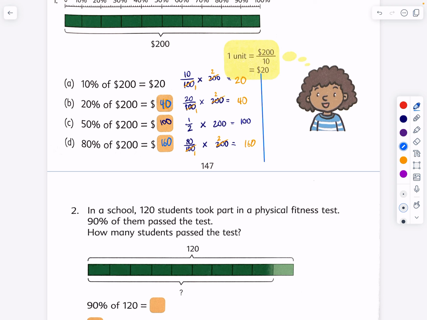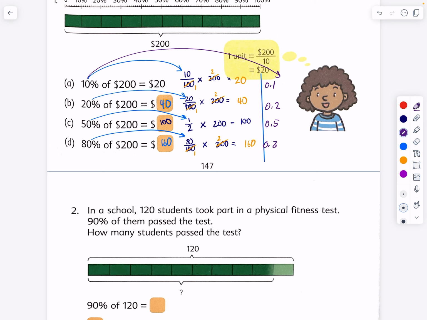Another method. Many students like to express percentages as simple fractions. Another way students like to do it is to express percentages as decimals, something we've done in a previous lesson. You can see it in a previous video. 10% is 0.1, 20% is 0.2, 50% is 0.5, 80% is 0.8.